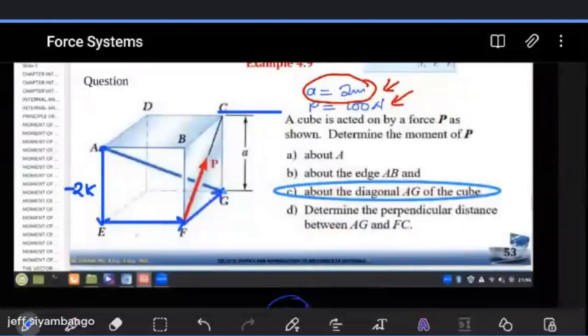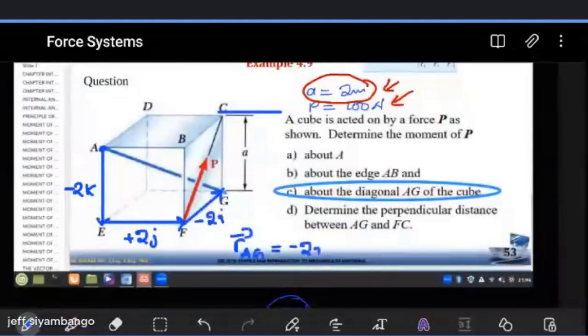Then 2 meters in the J direction, positive. Then 2 meters in the I direction, and we're moving backwards, so this is negative. So our displacement from A to G will be negative 2I plus 2J negative 2K. This is our displacement vector.